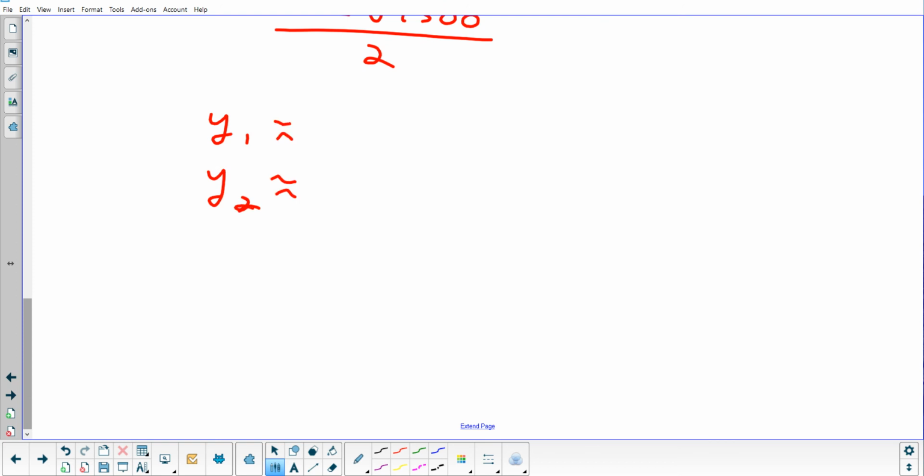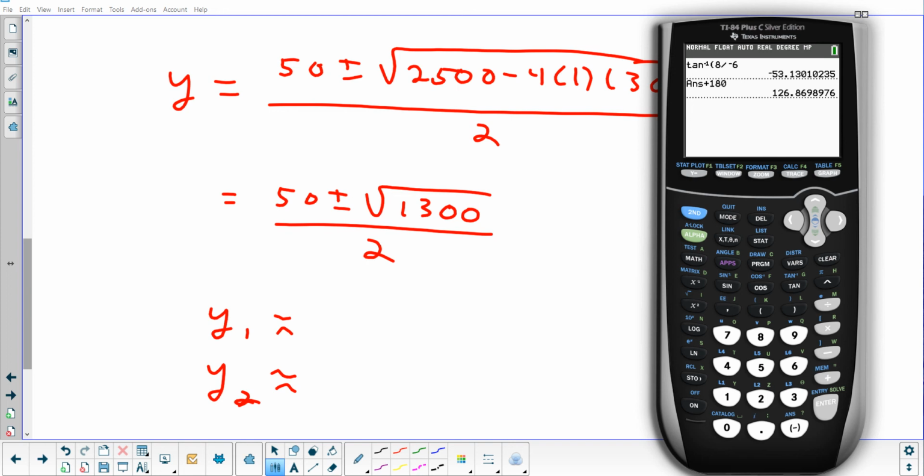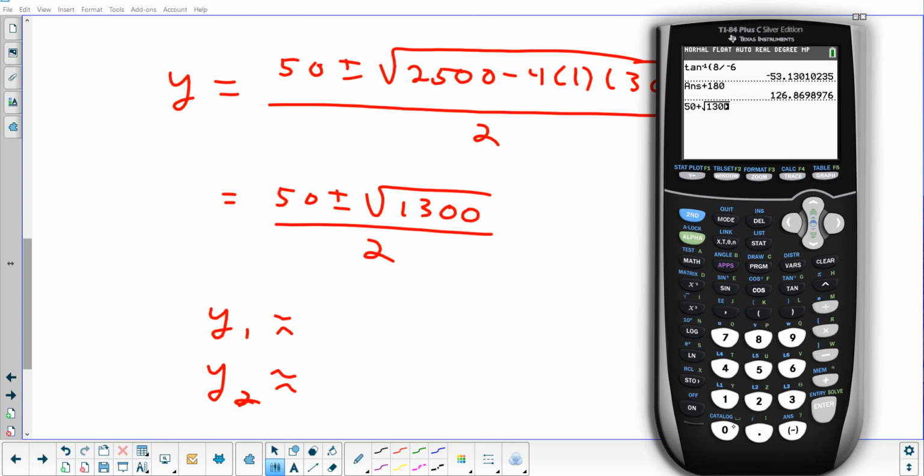At this point, I am going to round everything off. It was an exact answer up until now. And we'll round to 3 decimal places. So we get 50 plus the square root of 1300 and divide by 2 gives me 43.028.